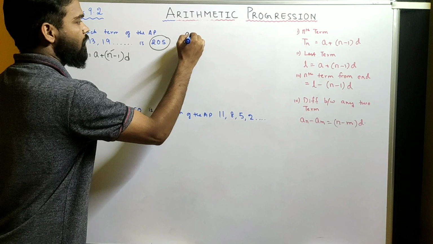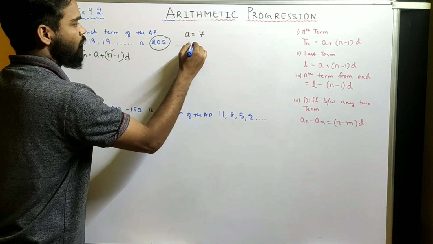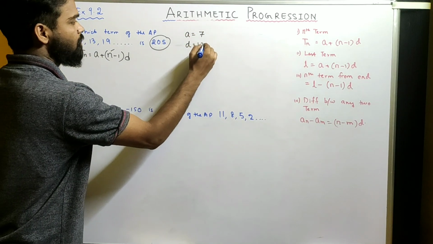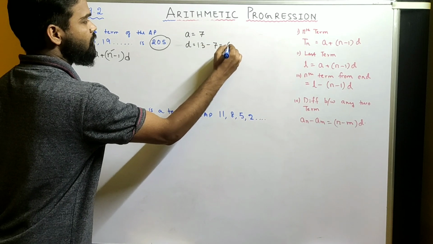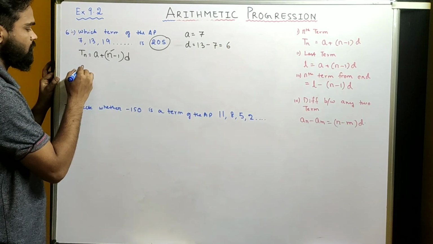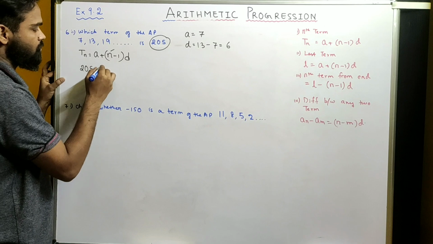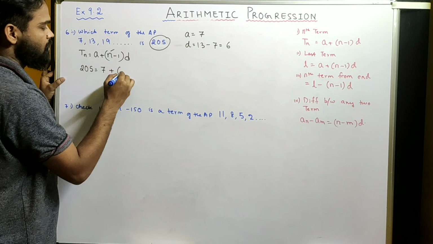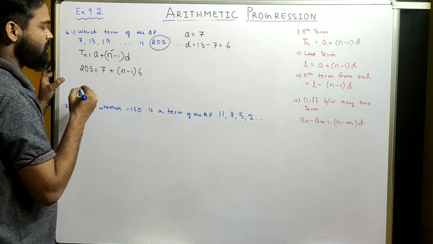You see, a is 7. What is the common difference? 13 minus 7. That's 6. Put the value. So 205 equals 7 plus n minus 1 multiplied by 6.